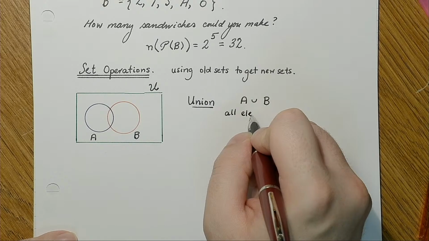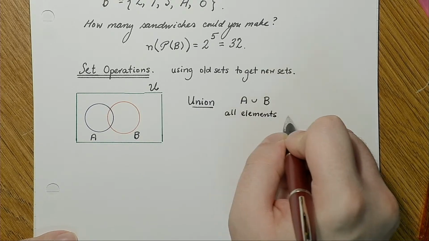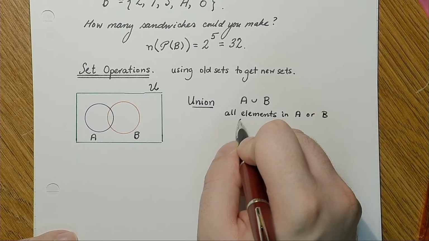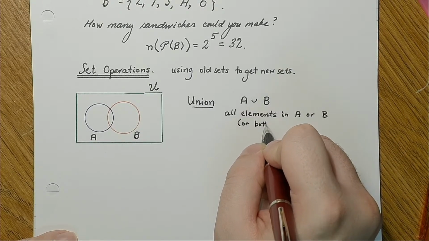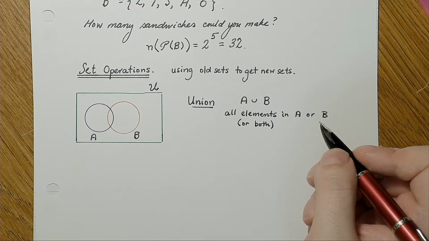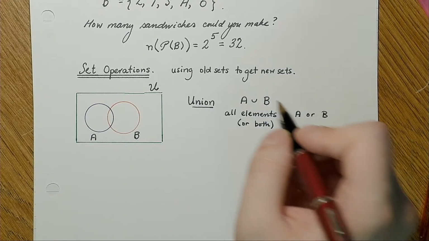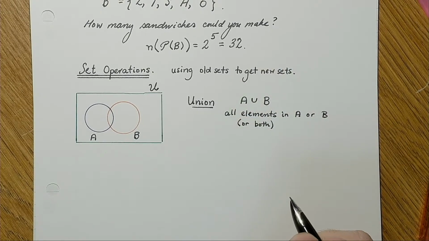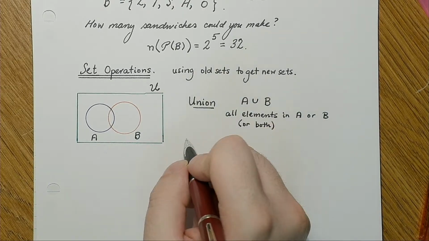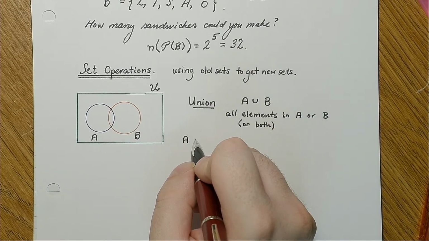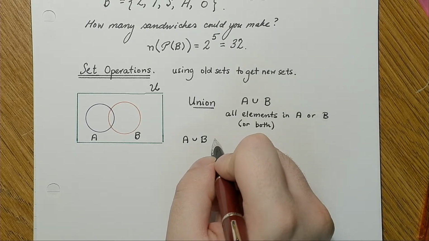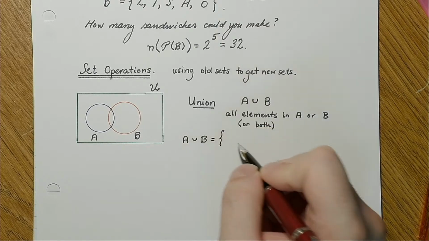So it's all the elements in A or B or both. We use this cup symbol, which looks like a U, so that's for union. Let me use set builder notation.